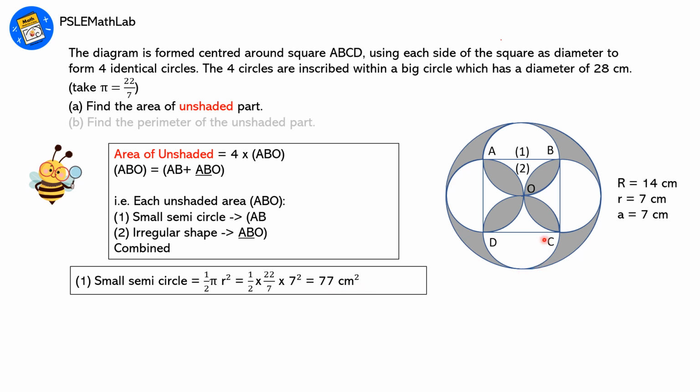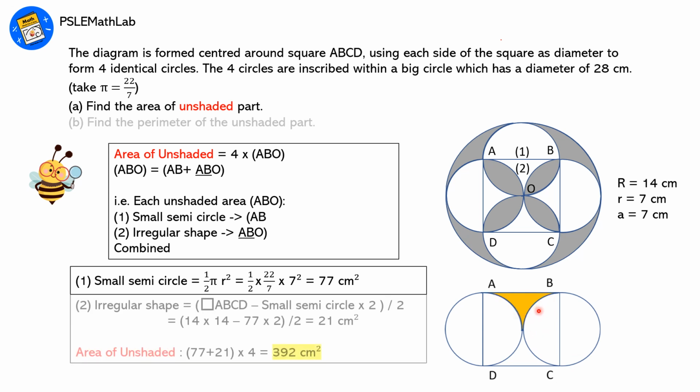Now, how do we tackle the problem of finding the area of the weird shape as highlighted? Well, we can simplify the diagram and focus on square ABCD and the 2 small circles. Can you tell that the area of the weird irregular shape is actually equal to the area of the square ABCD minus the 2 smaller semicircles, divided by 2?